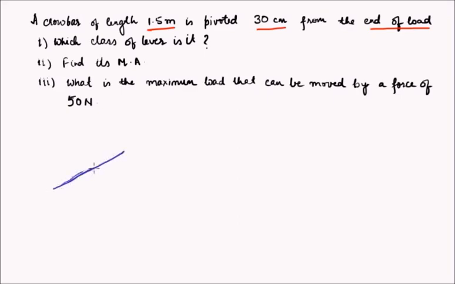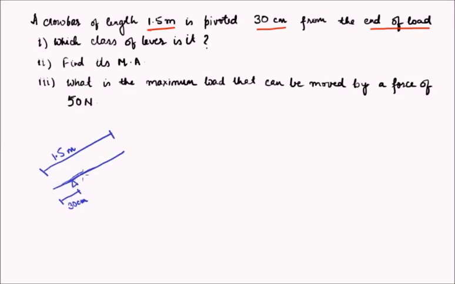The total length is 1.5 meter and it is pivoted at 30 centimeter from the end of load. So if here we keep the load, then somewhere here will be the pivot, and this will be 30 centimeter, and the total length we already know is 1.5 meter.